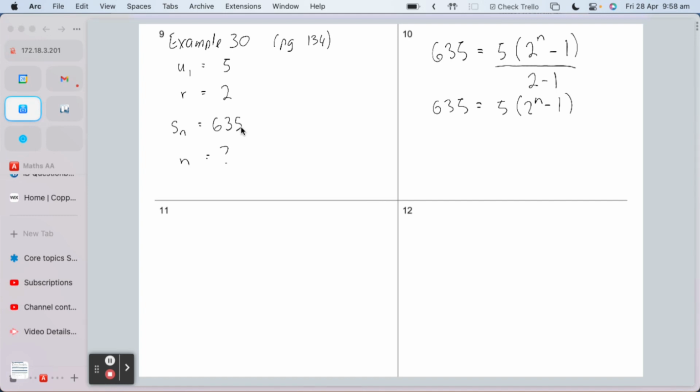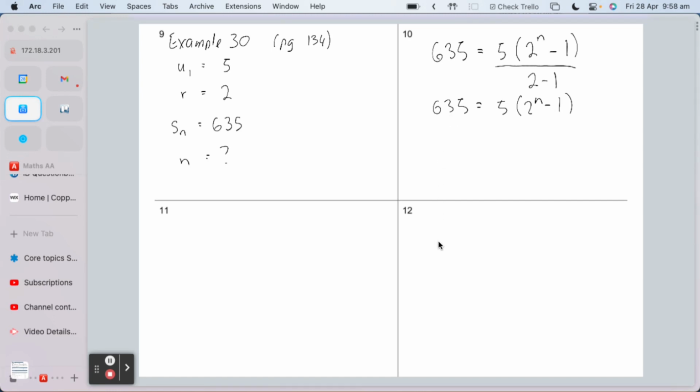Now, what we don't have yet is the capacity to figure out a power. We could have a bit of a guess, but ultimately we don't have that capacity right now to figure out what the power is. What I could do is divide both sides by 5, and that'll give me a new number over here, and 2 to the n minus 1 here, and I could add 1 to both sides, and then I could start my guess and check sequence.